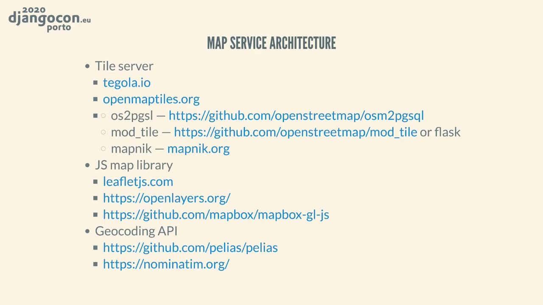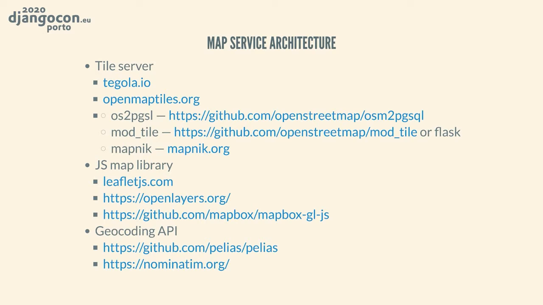But before we go and review alternatives, let's see what a spatial and mapping service consists of. First of all, it's a tile server, which renders map tiles and serves them. Also, it's a JS or other frontend library, which allows rendering the whole map out of the tiles and displaying it in the browser.